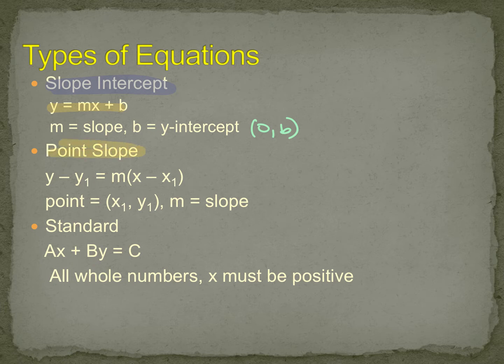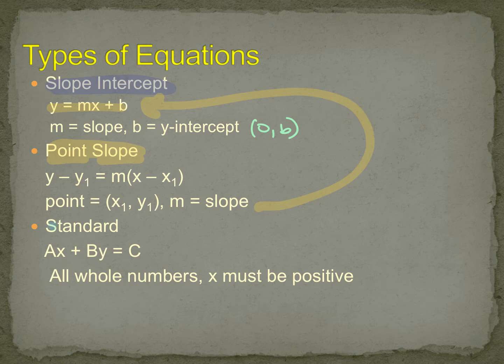Point-slope we use to plug values into, and that is y minus y1 equals m times x minus x1. And we plug in the point and the slope. So the point would be your (x1, y1), and the slope would be your m. And then usually we change it to go back into slope-intercept form.